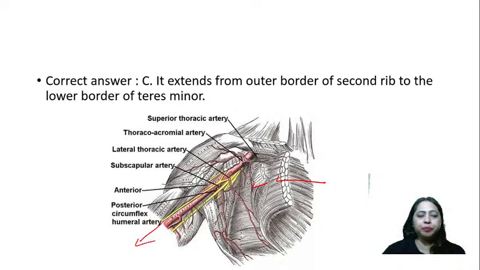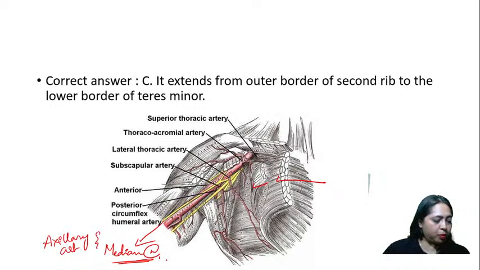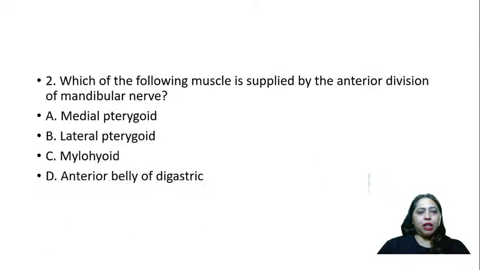What is this nerve? The median nerve with the subclavian artery and the axillary artery. How closely it is related to the axillary artery. Okay, Rishabh says C, and then Tina says first rib. Suman, yes. Yes. Next one.